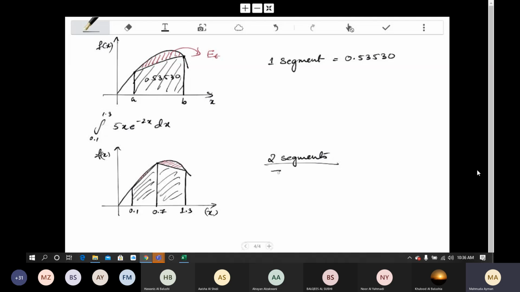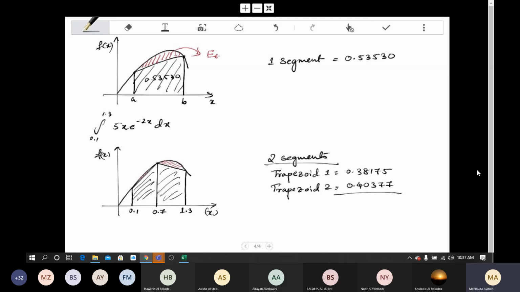And now when we are having two segments, the trapezoid 1 has the area 0.38175, and the trapezoid 2 has the area 0.40377.